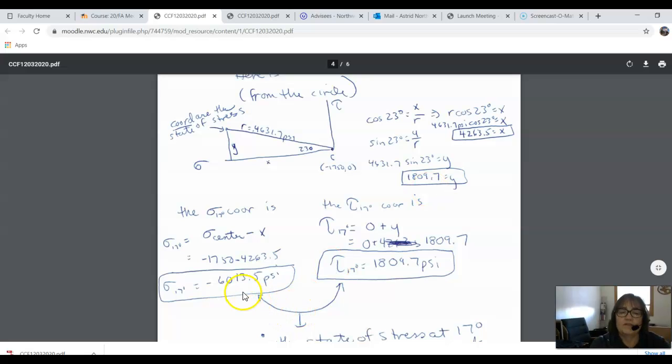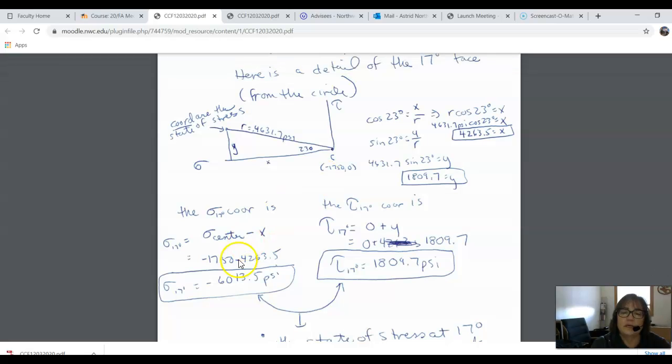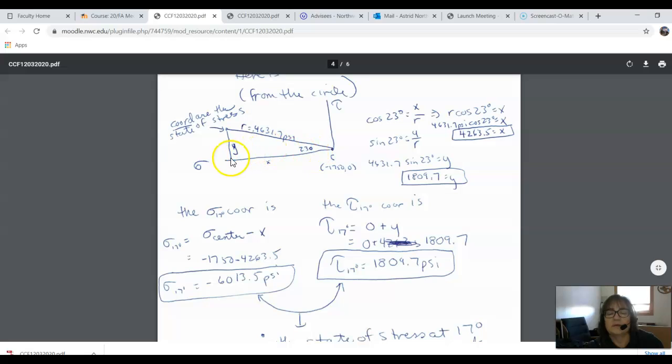All right, now I want to find sigma, which I have to take that distance x and actually subtract, because I'm going to the left, from the sigma coordinate of the center, and that gives me my sigma, my normal stress at a rotation of 17 degrees on the stress block counterclockwise from my cut face, and tau, which is above the axis, so it's positive, at this distance of 0 plus y, because this is at 0 in the tau direction.